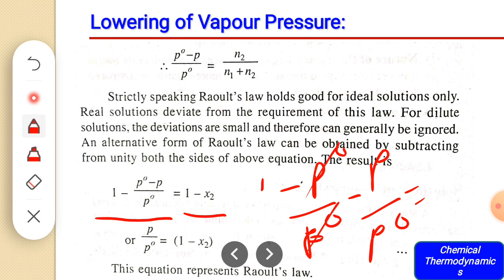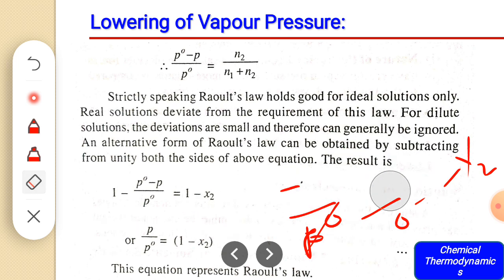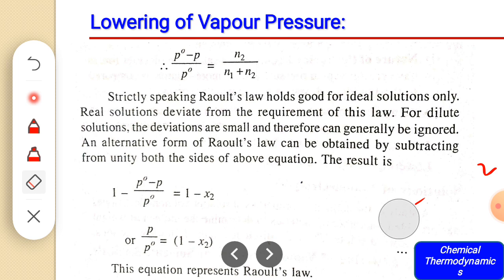So P upon P0 is equal to 1 minus x2. If we solve all these steps, we get another form of the equation to represent Raoult's law, that is P upon P0 is equal to 1 minus x2. So this is the equation for Raoult's law in terms of vapor pressure.